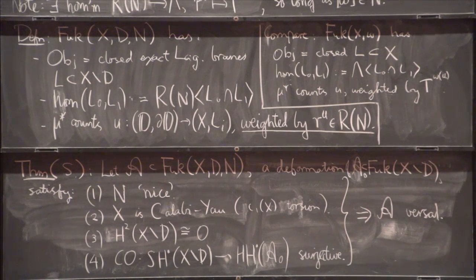The final assumption is that the closed open map from symplectic cohomology to Hochschild cohomology of this subcategory A0 should be surjective. And the conclusion is that this A is a versal deformation.